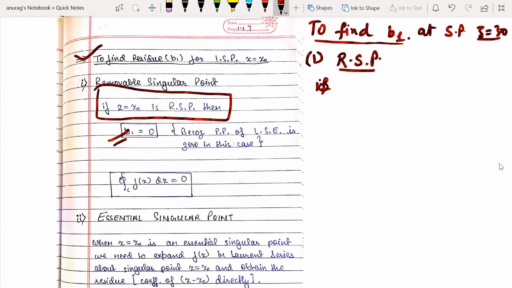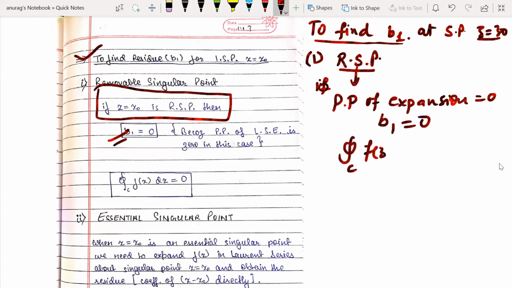Because in a removable singular point, the principal part of the Laurent series expansion is 0. Therefore b1 equal to 0. So in this case, the integration of f(z) dz, which is equal to 2 pi i b1, is 0 because b1 is 0.